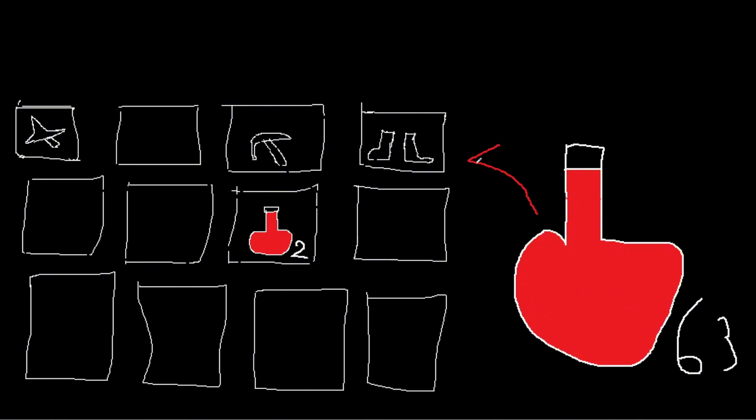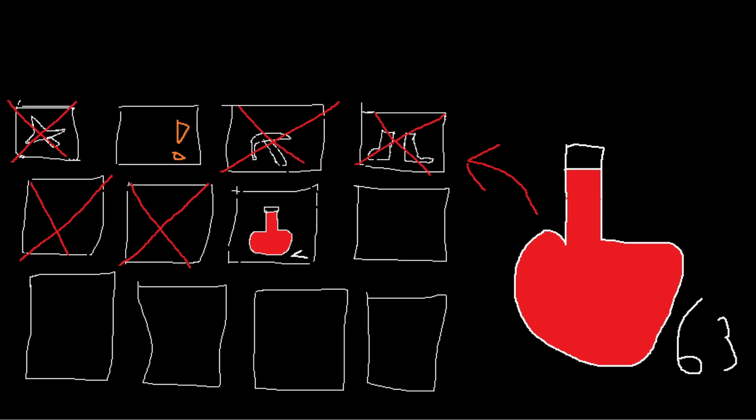Now, let's do the example with 63 of those healing potions. This slot is still occupied. Here's an empty slot. Let's remember its position for now. We can skip over these ones. In this slot, there are already potions inside, but there isn't enough space to fit all these potions in.